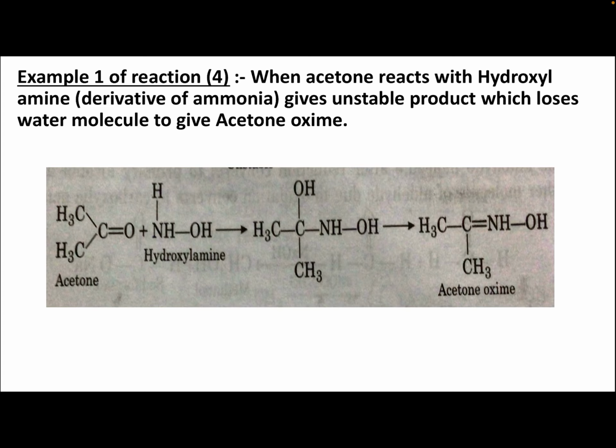Acetone is there, CH3 C double bond O CH3, plus hydroxylamine. OH is hydroxyl, NH2 is amine. With hydroxylamine we will get an unstable product first, CH3 C(OH) CH3 NHOH, then when it loses a water molecule it gives acetone oxime, CH3 C double bond NOH CH3. This is acetone oxime.